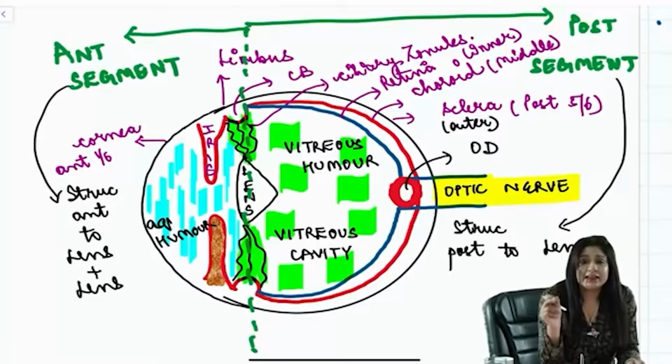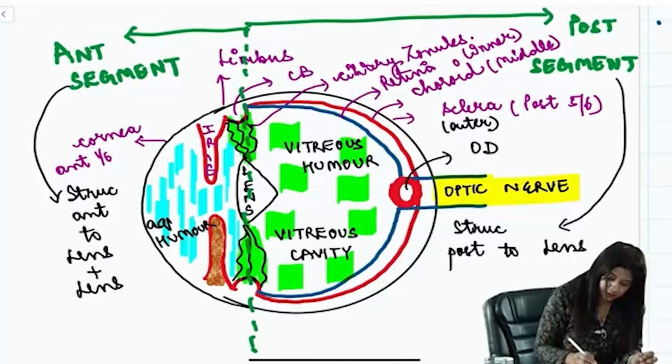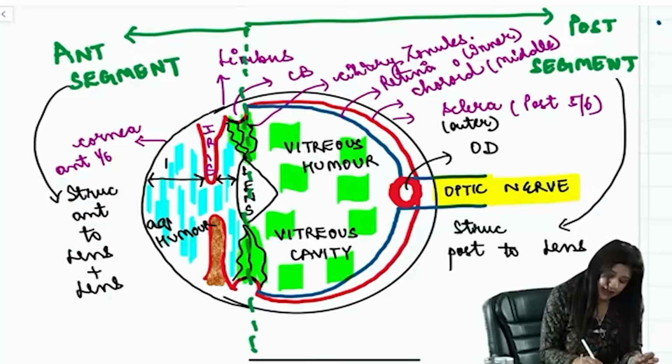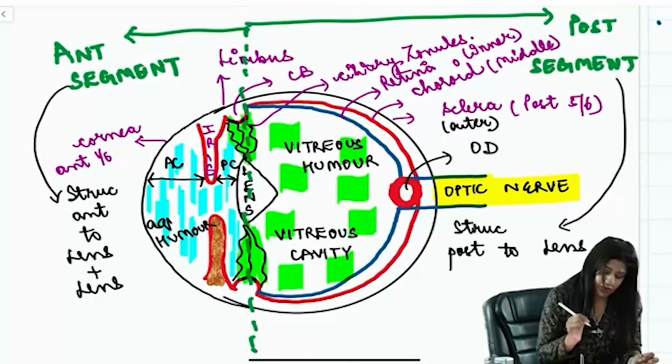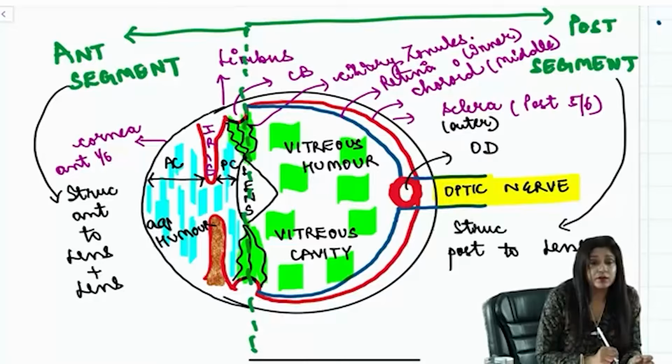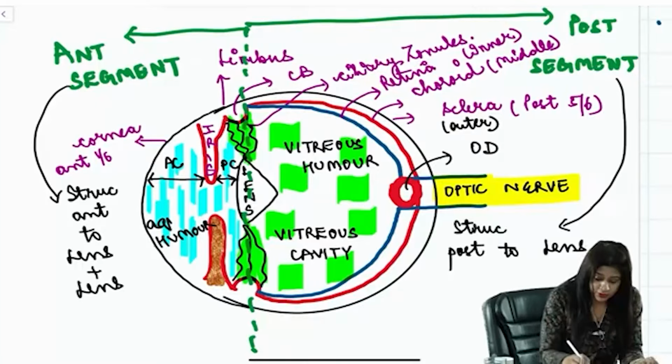Now, the anterior segment can further be divided into two chambers. One is anterior to the iris and one is posterior to the iris. This is the anterior chamber and this is the posterior chamber. Anterior to the iris, posterior to the iris.